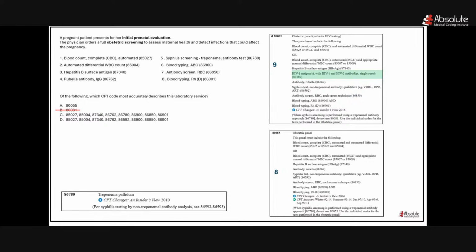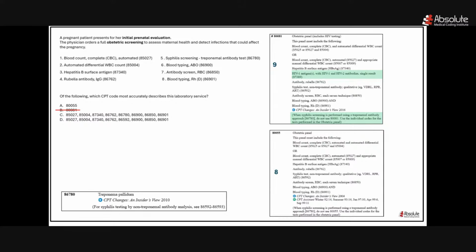Okay. So brace yourself, coders, for an aha moment over here. If you read the parenthetical guideline, it states that when syphilis screening is performed using a treponemal antibody approach, that is 86780, do not use 80081. Instead, use the individual codes for the tests performed in the obstetric panel.